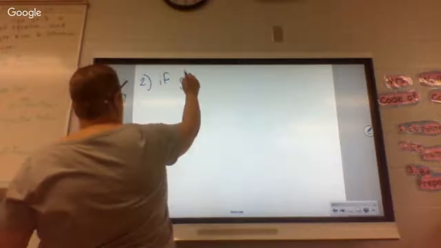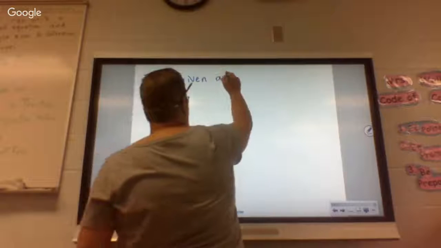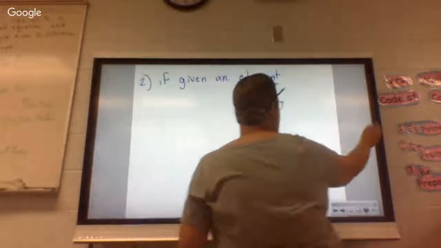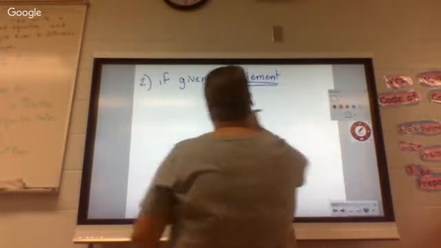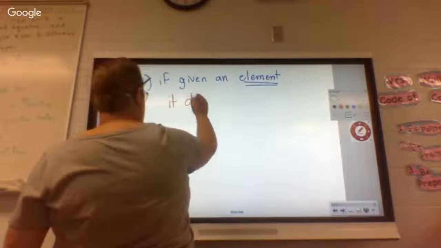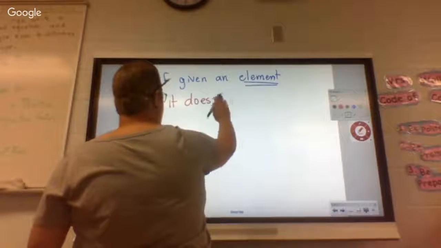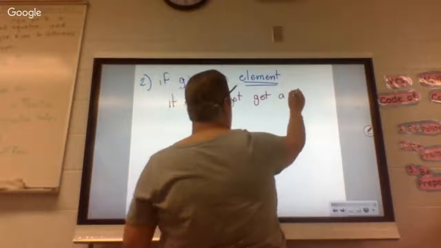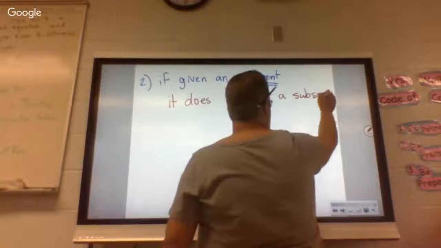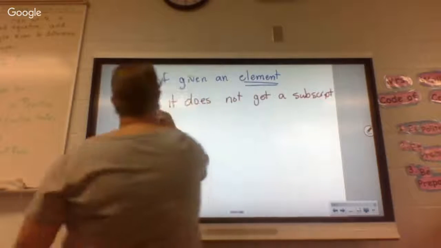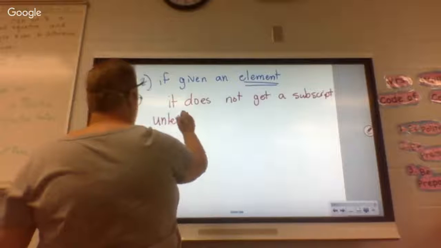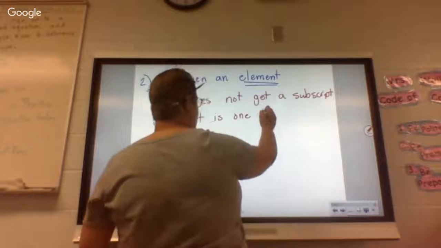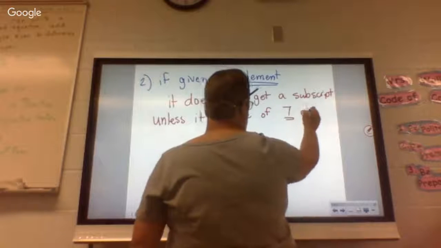If given an element, it does not get a subscript unless it is one of 7 elements.